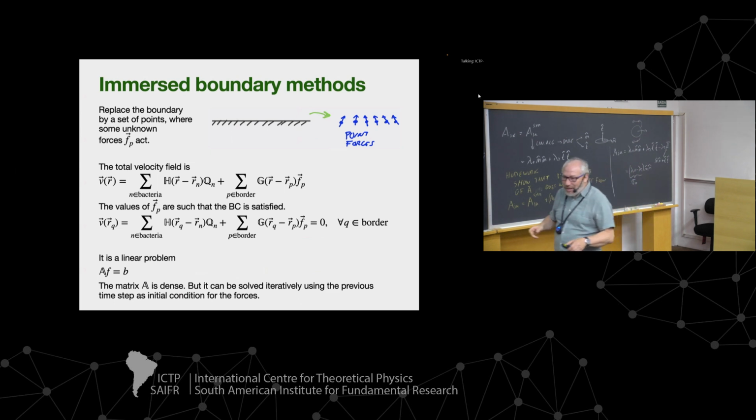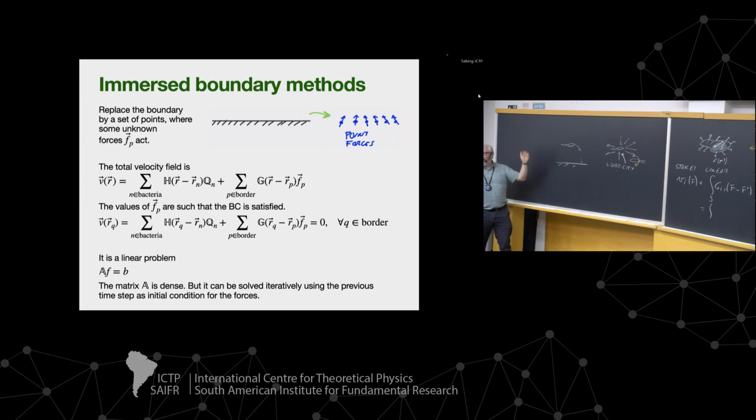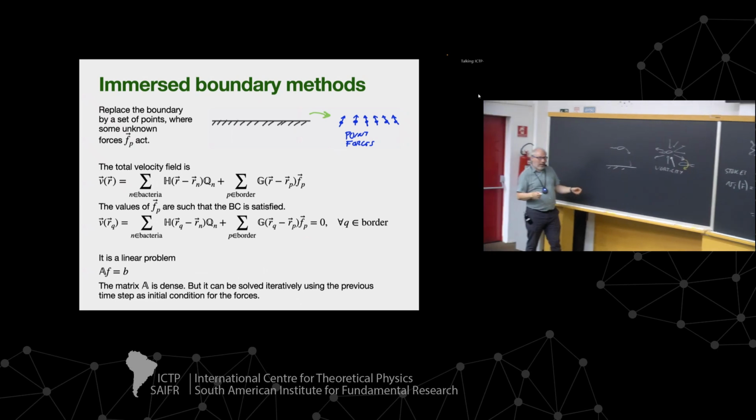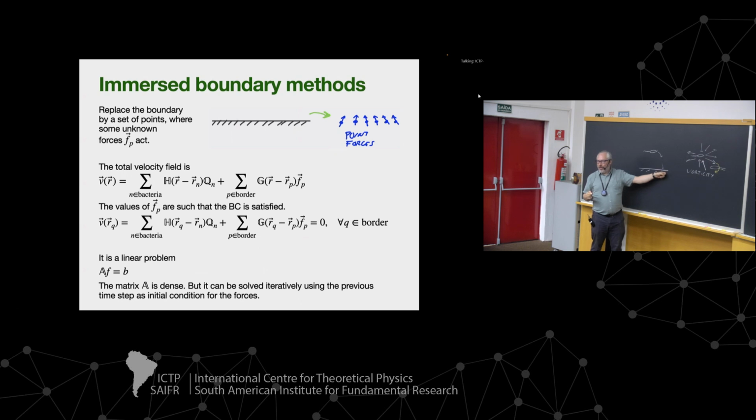Because what's going on actually? When you have a swimmer that is generating some flow, and you have a surface, the fluid wants to enter into the surface, exerting some pressure on it, but the surface is not moving. Why is it not moving? Because the surface is generating a force against that.